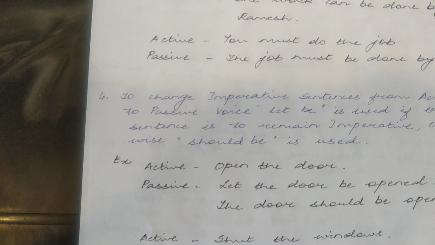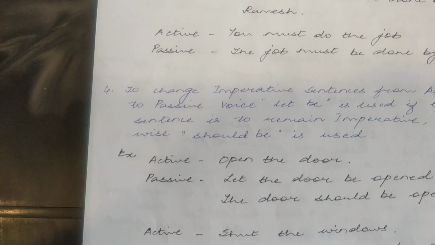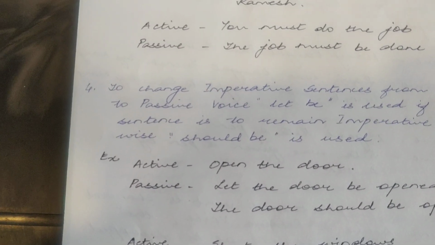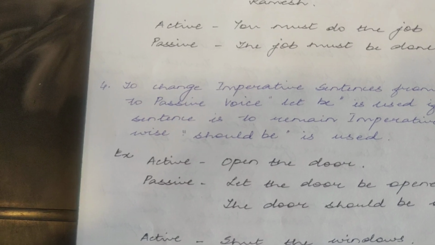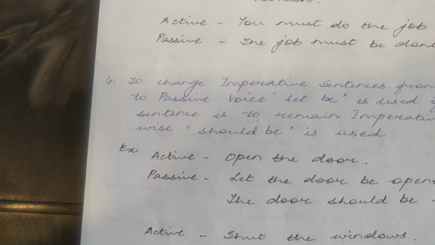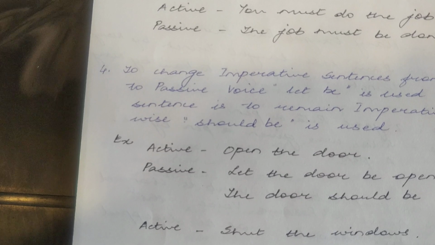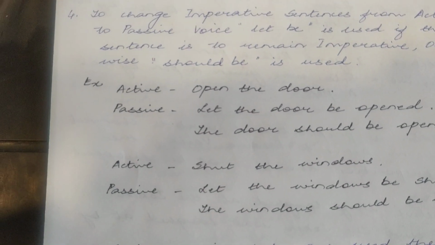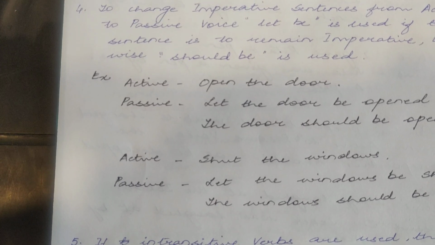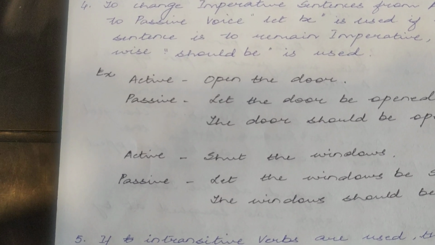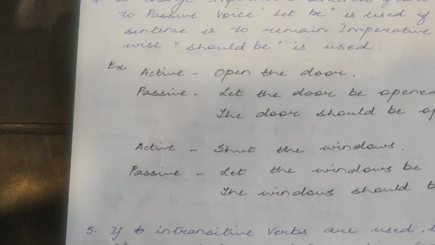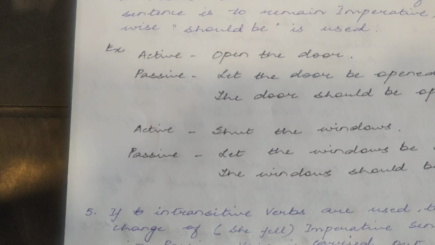The next point which we discuss is to change imperative sentences from active to passive voice. Let be is used if the sentence is to remain imperative, otherwise should be. Example, in active we have open the door. In passive we use let the door be opened or the door should be opened.